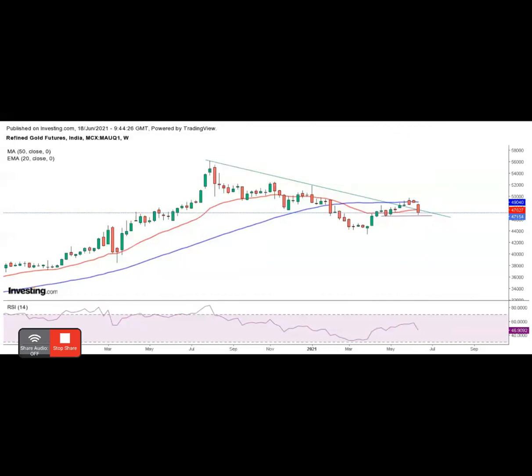At this particular juncture, we will say that gold might go sideways to negative, and obviously a positive break can only occur once 48,000 is crossed decisively and sustained above it. So this is the view on gold on weekly chart.